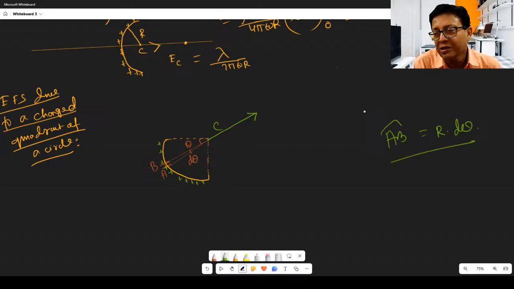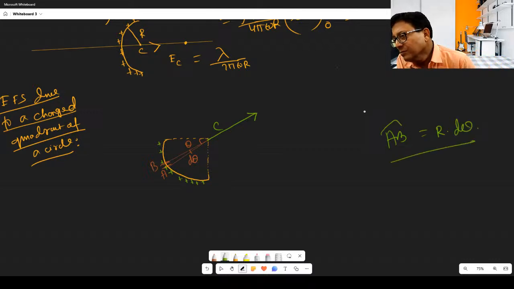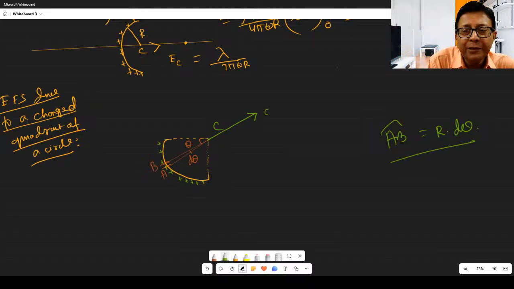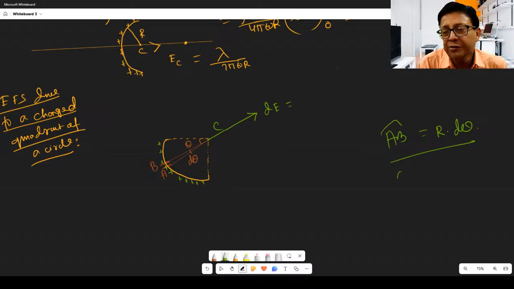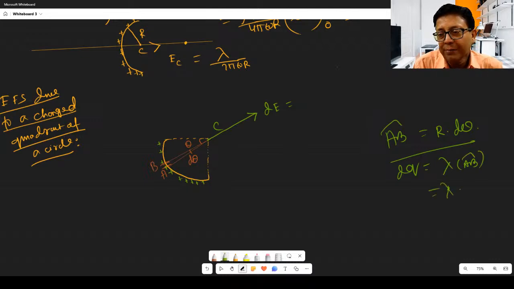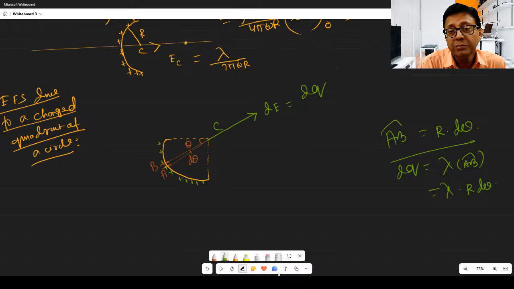S equals r theta. So electric field will be what? dq you write, so lambda into r d theta. So dE will be what? dq by 4 pi epsilon 0 r square.